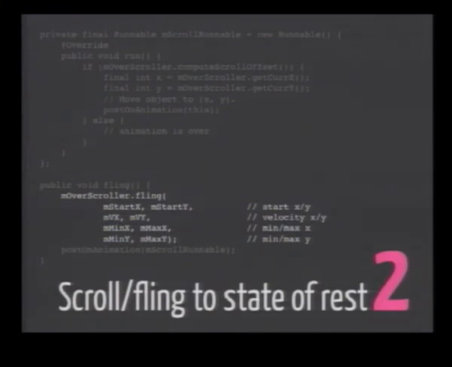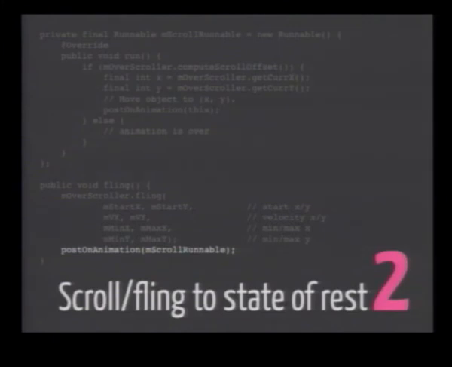In this method, you have lots of parameters, but the first ones are your actual position, the velocity on x and y, and finally you have the bounds, so the minimum values and the maximum values available for the fling gesture.